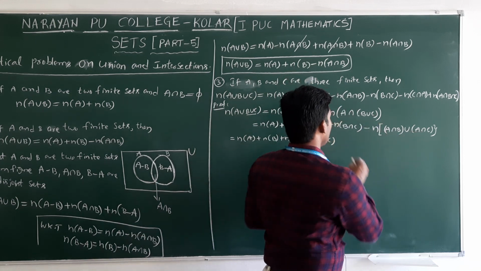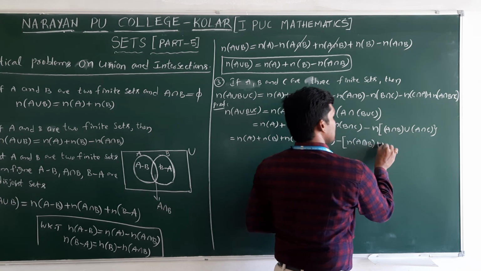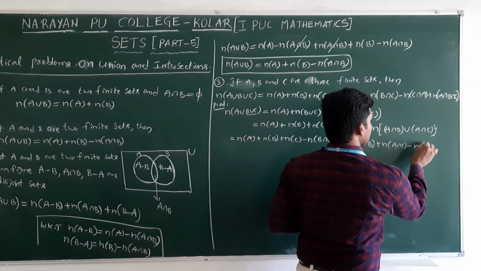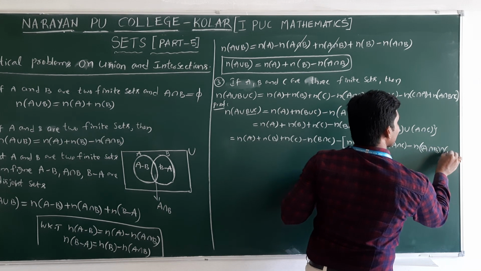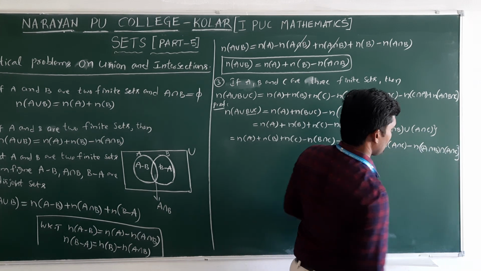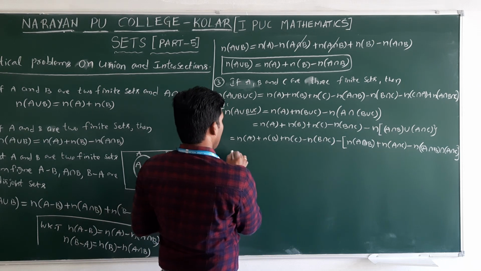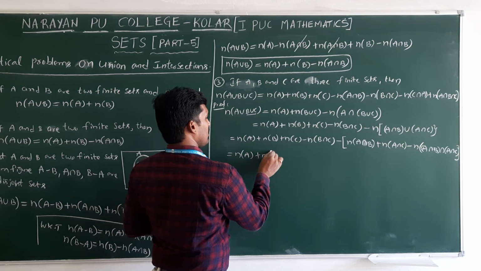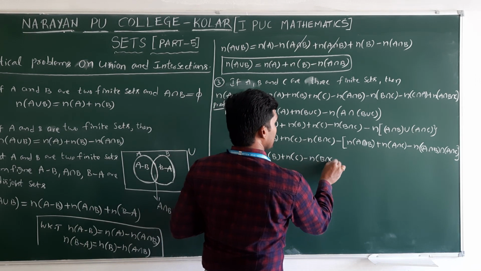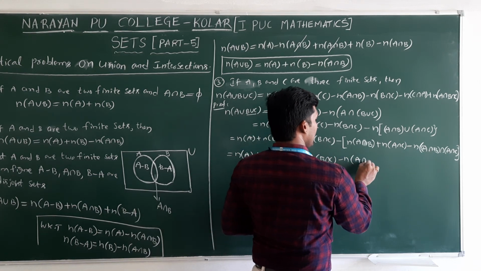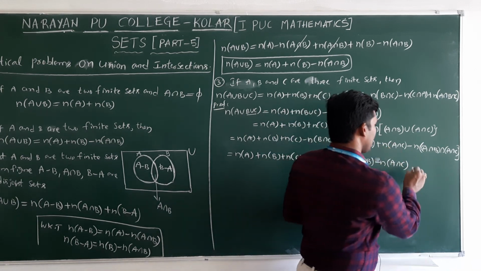This is like A, this is B. Minus n of A intersection B plus n of A intersection C minus n of A intersection B intersection A intersection C. Finally, n of A plus n of B plus n of C minus n of B intersection C, multiplying the minus inside, minus n of A intersection B minus n of A intersection C, or C intersection A, minus into minus is plus.